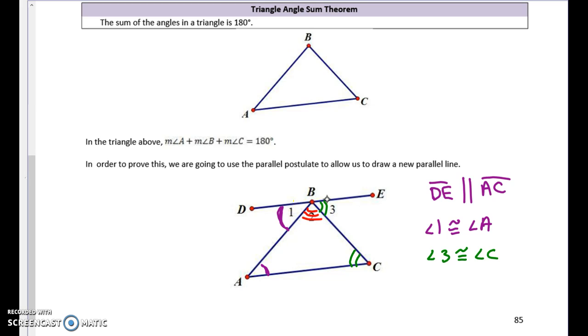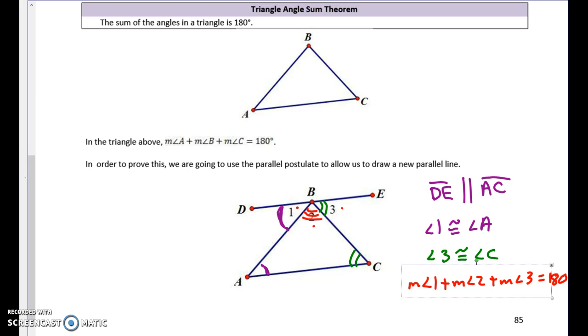If you look, these three angles, 1, 2, and 3, are all coming together to create a line. And when angles come together to create a line, then we know that the sum of their measures must be 180. So the measure of angle 1 plus the measure of angle 2 plus the measure of angle 3 must be 180.